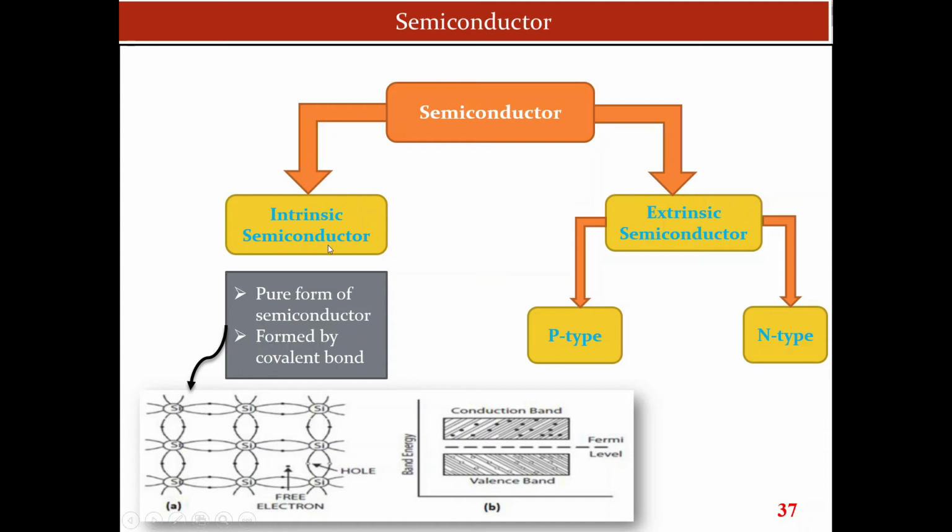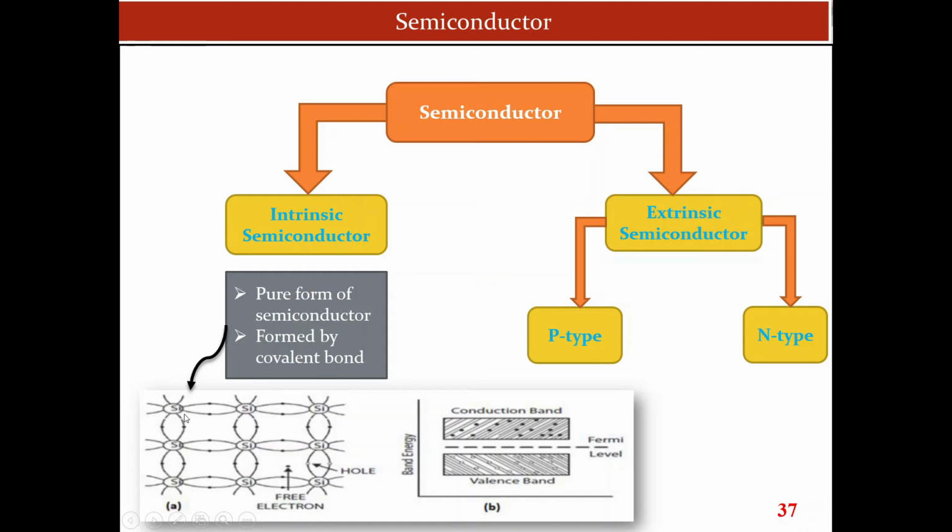Okay, now let's look at the different types of semiconductor. The first one that we have is intrinsic semiconductor. The second one is extrinsic semiconductor. The intrinsic semiconductor is the pure form of semiconductor formed by covalent bonds. As you can see here, we have silicon, whose atomic number is 14, so 2 electrons in the first shell and 8 in the second shell. The outermost shell of silicon has 4 electrons.